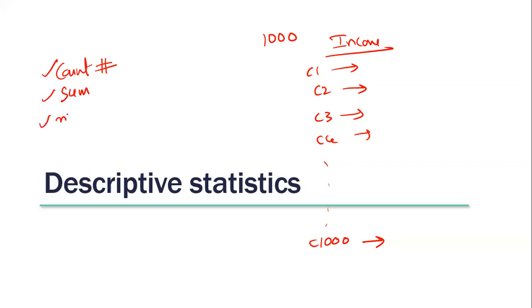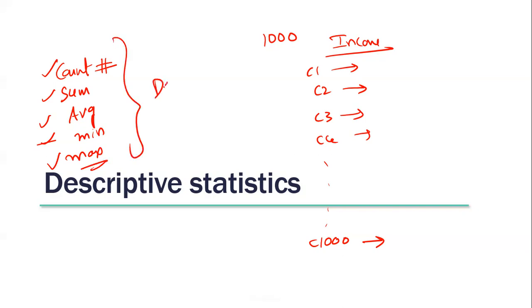Super. Mean. Mean means average. Average income. Minimum income. Maximum income. These are the ones that you are going to give me, isn't it? These are descriptive statistics.